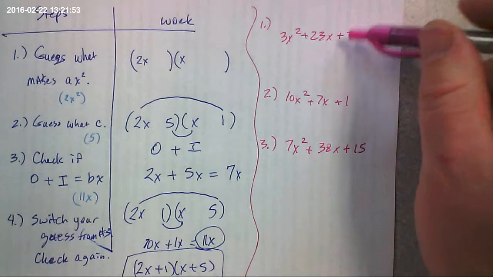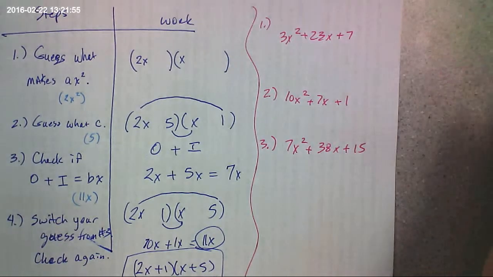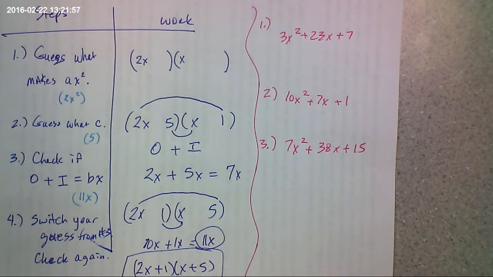You're going to try this one right now. It says 3x squared plus 23x plus 7. Don't forget your glasses. If you're done, try the other 2. That's your homework, those 3 problems. We're going to go over number 1 right now.